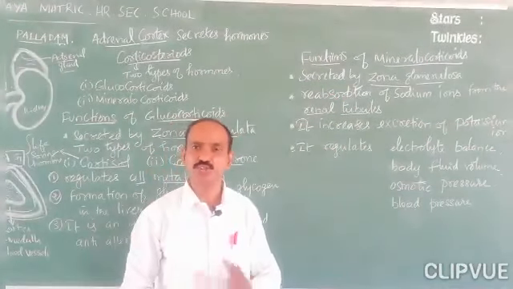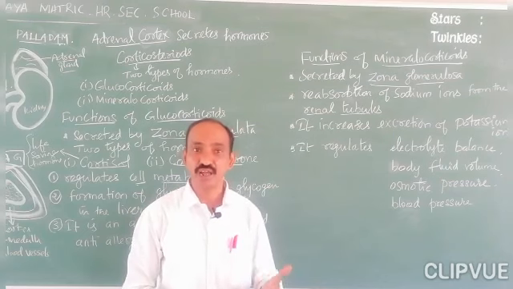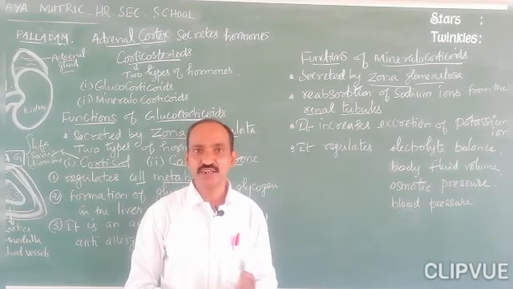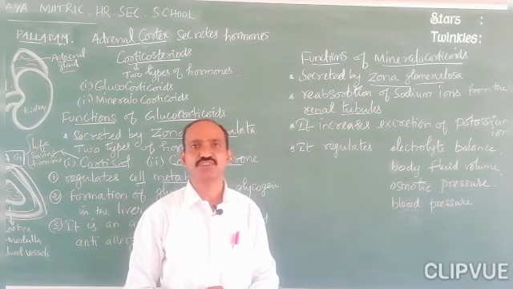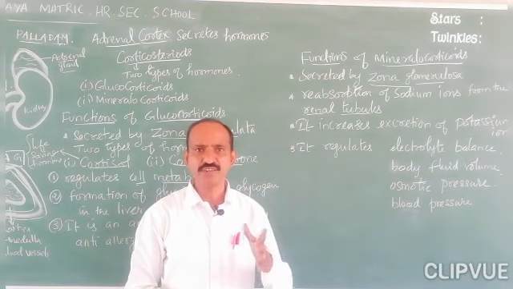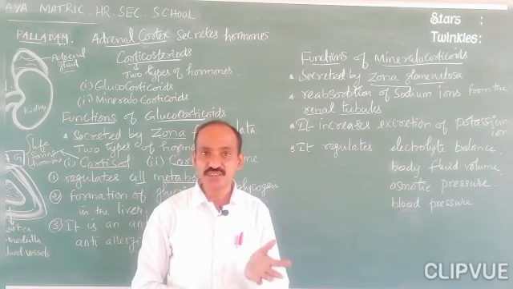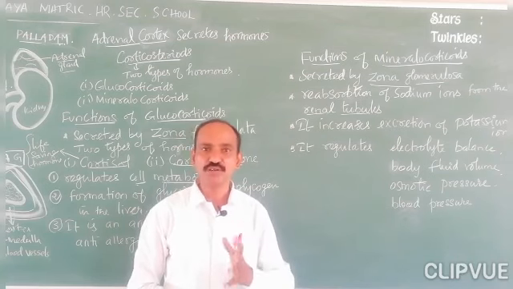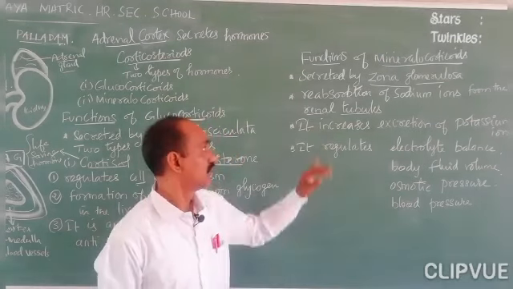Sodium ion is useful for our body functions: to maintain electrolyte balance, osmotic pressure, and blood pressure. Sodium ion is very important. Finally, the kidney reabsorbs sodium ions from the renal tubules.